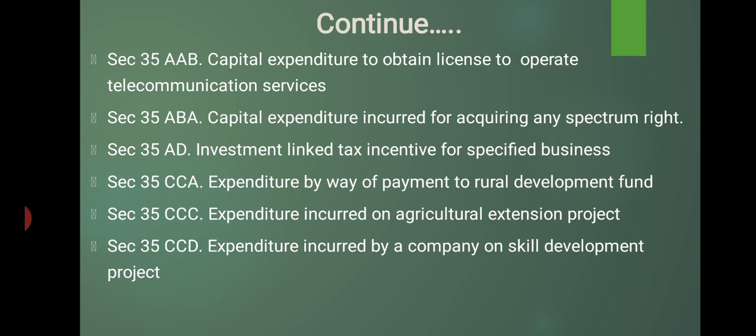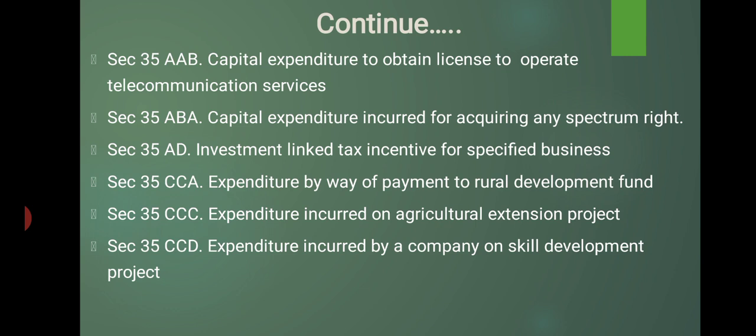And the next one is expenditure incurred on agricultural extension projects, section 35CCC, where an assessee incurs any expenditure on an agricultural extension project notified by the government, it shall be allowed as a deduction equal to 150% of such expenditure. Then next, expenditure incurred by a company on skill development projects, where a company incurs any expenditure on any skill development project notified by the board, it shall be allowed as a deduction equal to 150% of such expenditure.